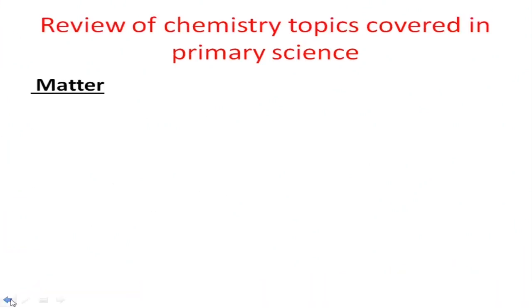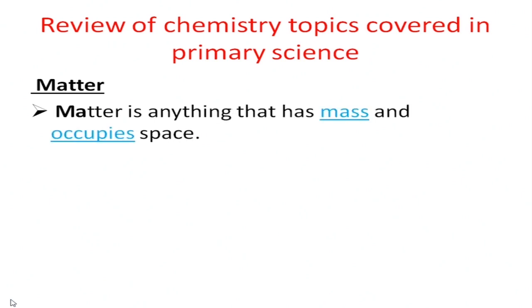Now, let's begin by making a review of chemistry topics that were covered in primary science. And the first topic that we are going to look at is matter. In our primary science, we discussed this topic, matter, and if I were to pose a question, what is matter? Now, the definition of matter is anything that has mass and occupies space.